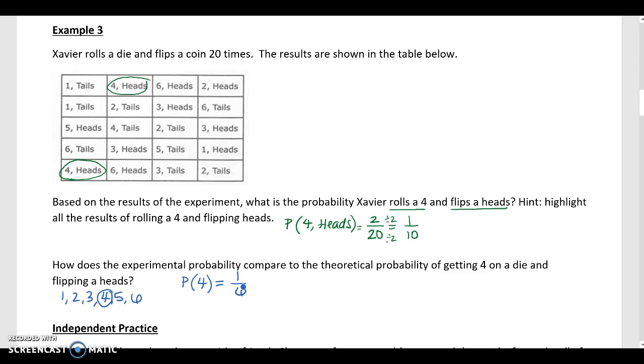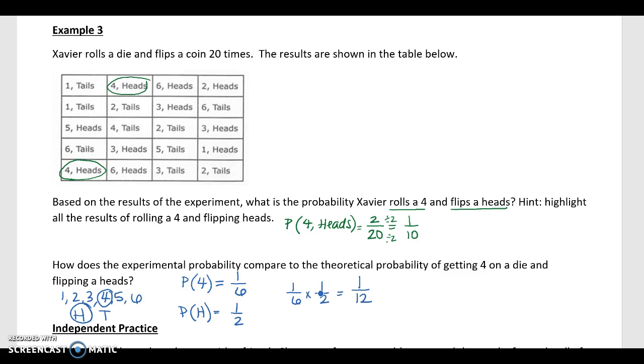And then the probability of flipping a heads. We either have heads or tails. So the probability of heads we know is 1/2. So we're going to multiply our two probabilities. 1 over 6 times 1/2 equals 1 over 2 times 6 is 12. So 1 over 12. So is 1 over 10 greater than or less than 1 over 12? Well, this is saying essentially that our pie is cut into 10 pieces, and this one's saying our pie is cut into 12 pieces.